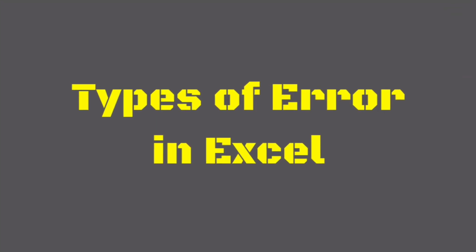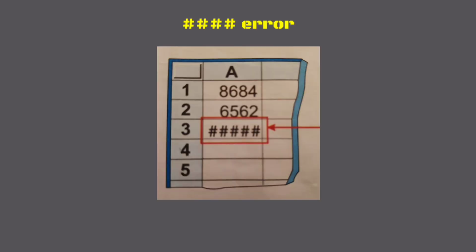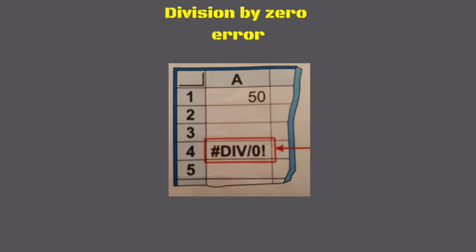Next we have types of errors in Excel. While typing formulas we get some errors. So let's see which are the different types of errors in Excel. The first one is the hash error. This error is also displayed while entering something. Next is the division by 0 error.